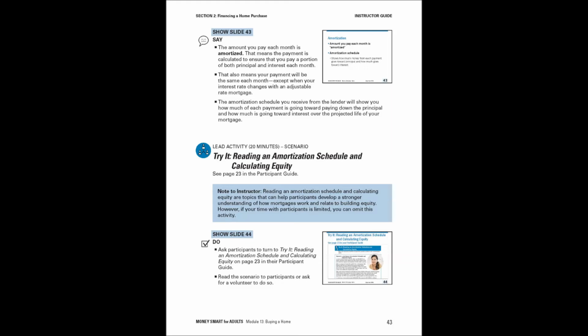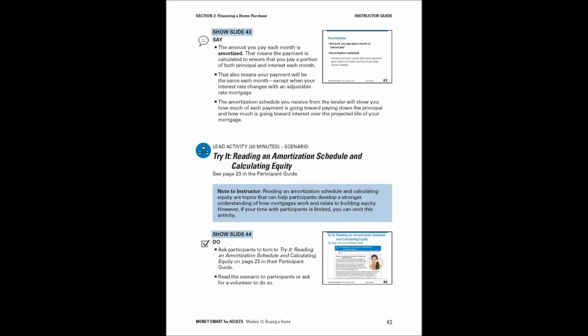This is actually the schedule that shows every payment from the first payment through the last payment and how the payments are applied to interest, how the payments are applied to principal, and they can see exactly what their loan balance is at any step in the process.